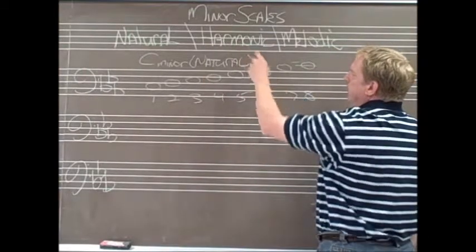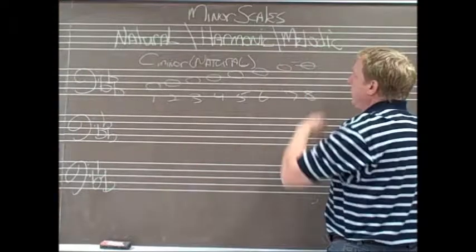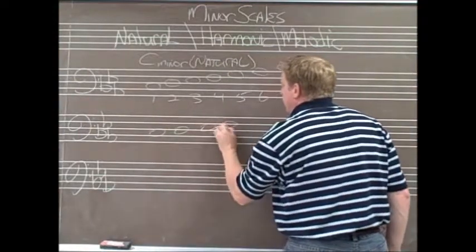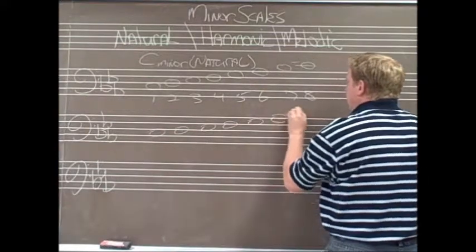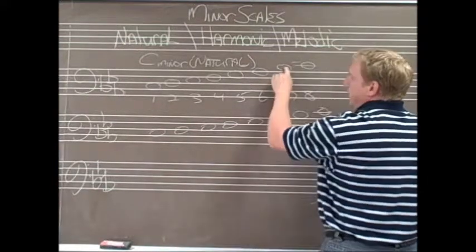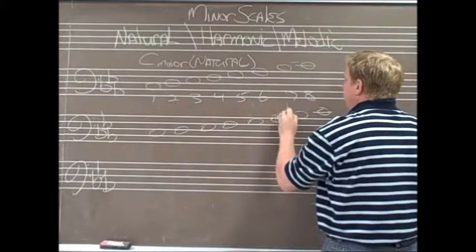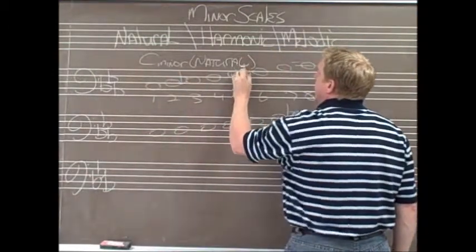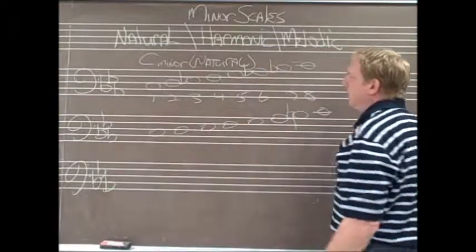Harmonic minor, the only difference is you have to take the 7th scale degree and raise it a half step. So you take B flat and it becomes B natural. Let me put the accidentals in here. It's easier to see.